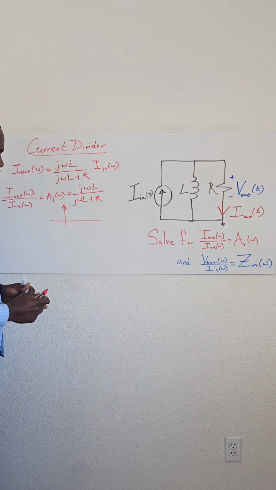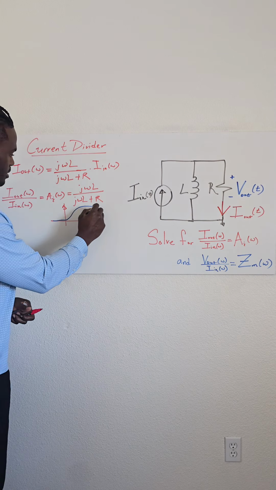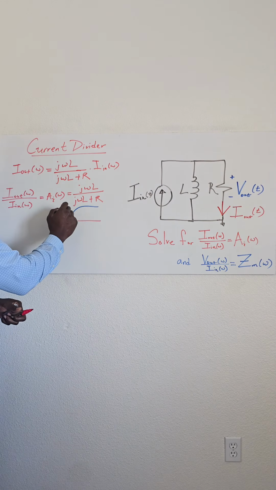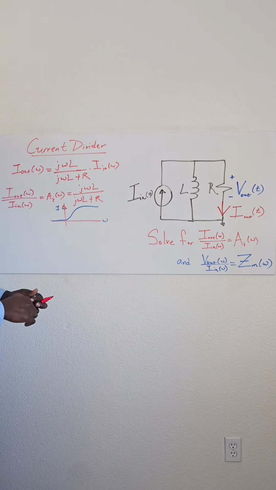And if I input infinity into omega, I get 1. So my frequency response will look similar to something like this, where it saturates at 1, and this is omega, and this is A_I of omega.